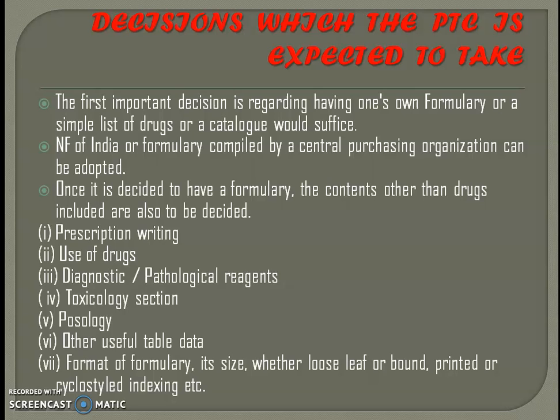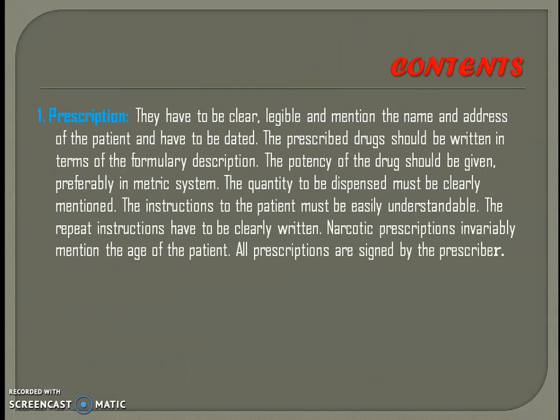Once it is decided to have a formulary, the contents other than drugs to be included are also to be decided. So first can be prescription writing, use of drugs, diagnostic, toxicology, posology, other useful tabular data, and format of the formulary, like size, whether loose leaf or bound, printed or cyclostyled, indexing, etc.